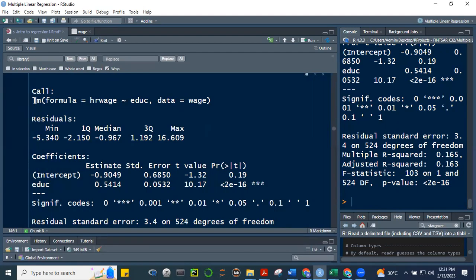This is the formula, lm of hourly wage regressed on education. You have here a measure of the residuals, and then the coefficients. I'm sure you learned this before in your previous subject. You have your intercept or beta null, and your parameter beta 1, education. And you can see that education is a significant predictor of your hourly wage.